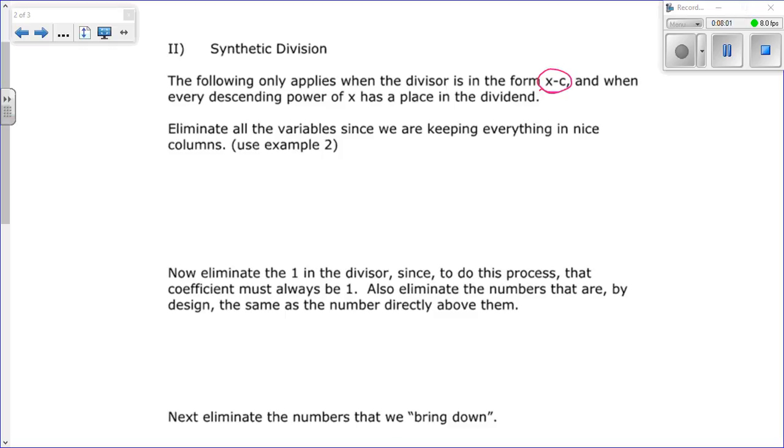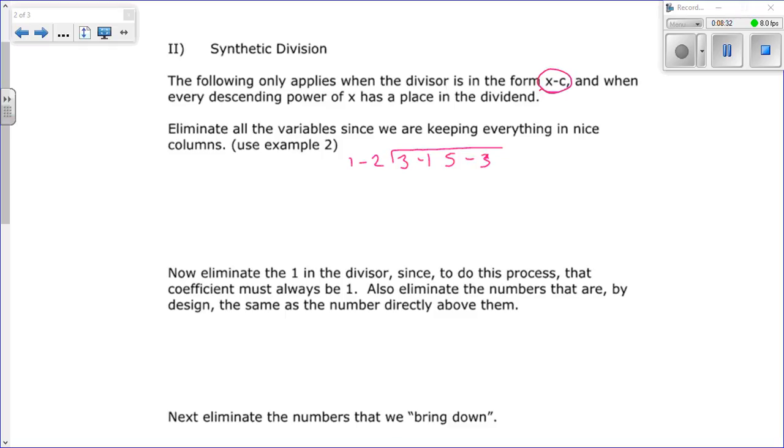So if I go through and copy it down, it's going to be hard for me to squeeze this in here. I'm going to have 1, negative 2, divided by 3, negative 1, 5, and negative 3.